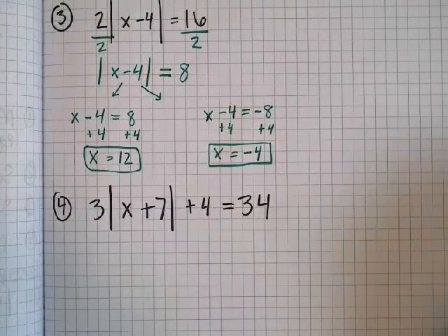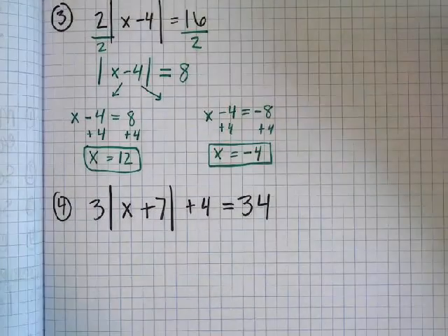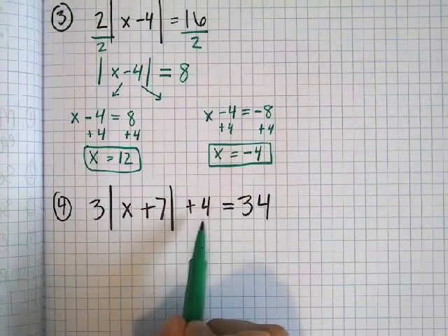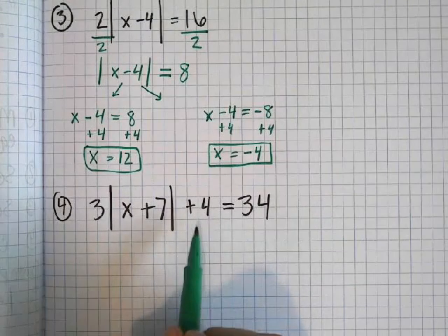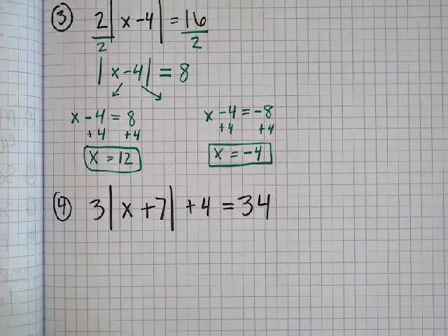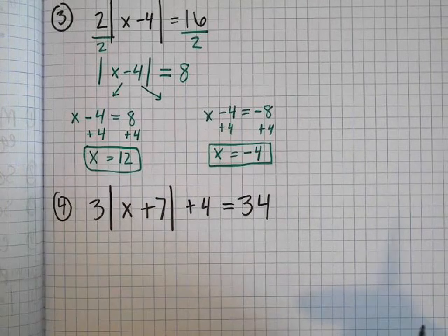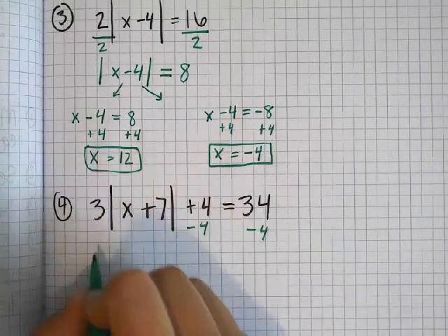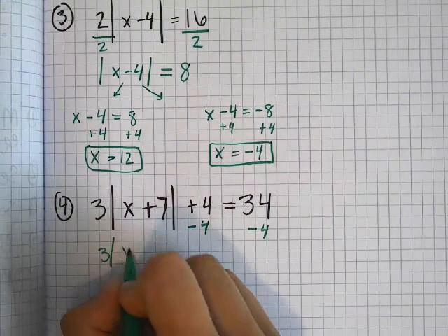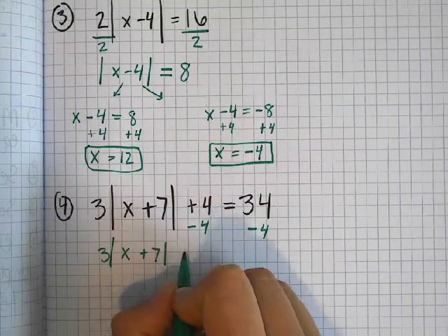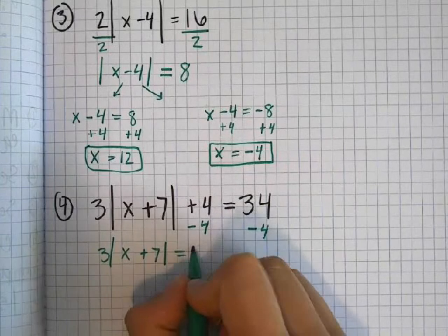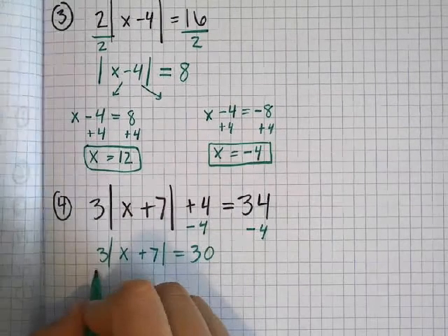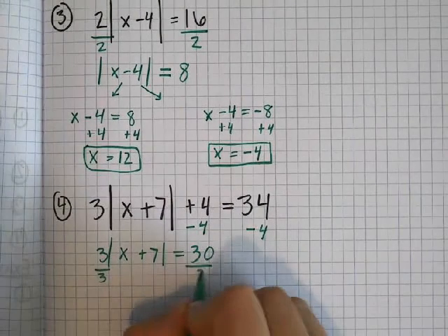Our last one, this is about as complicated as these problems will get, when we've got something multiplying and adding. This could be subtracting, it could be dividing, whatever. But just do your inverse operations. So first we're going to subtract our 4. And then we can divide by 3.